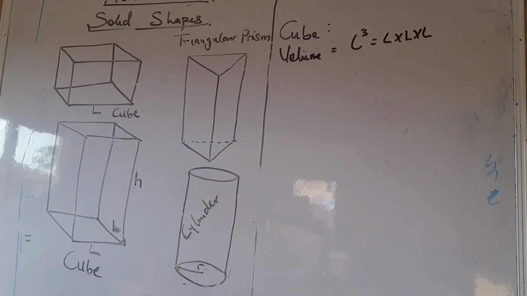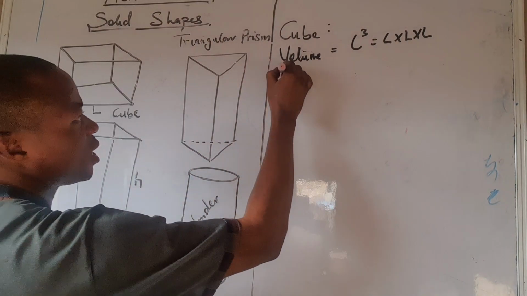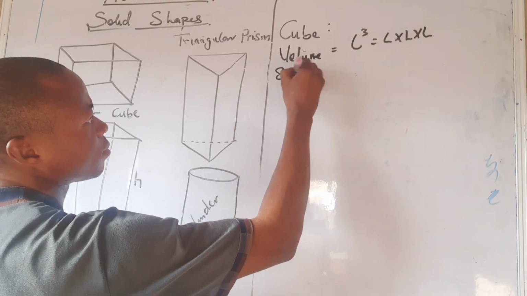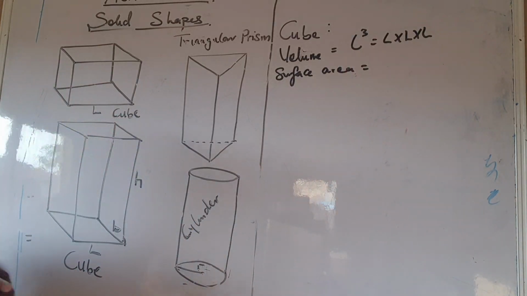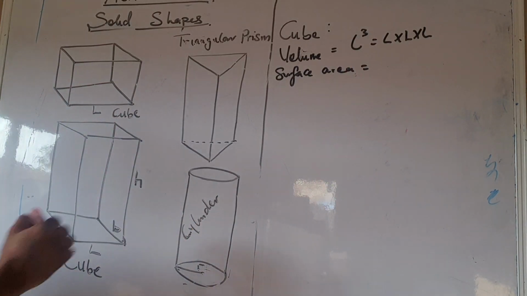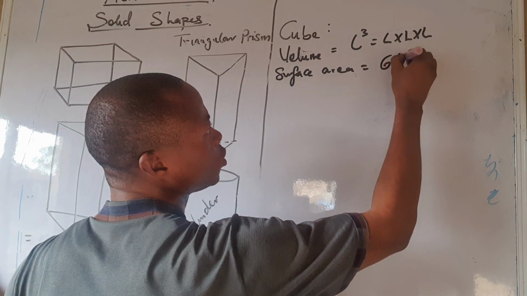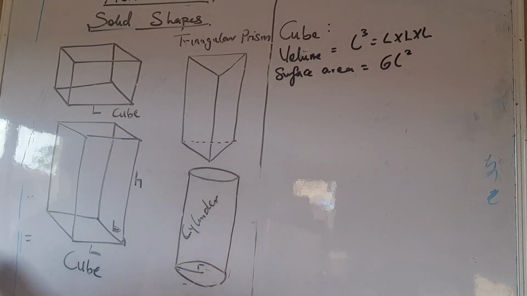The surface area is given as 6L squared.